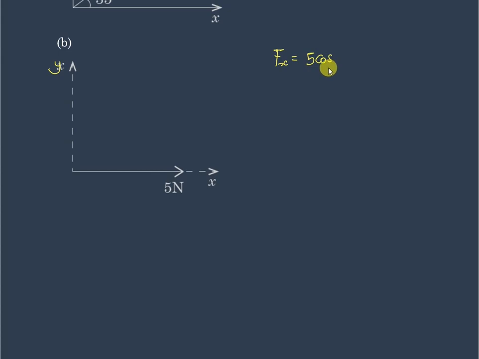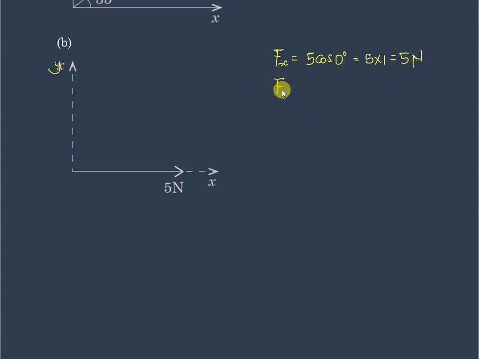Now you can see that the angle between the 5 Newton force and the x-axis here is 0. So we have this force as 5 times 1, which is going to get us 5. So that force is actually a horizontal force. So the effect of the force along the horizontal is still 5 Newtons.